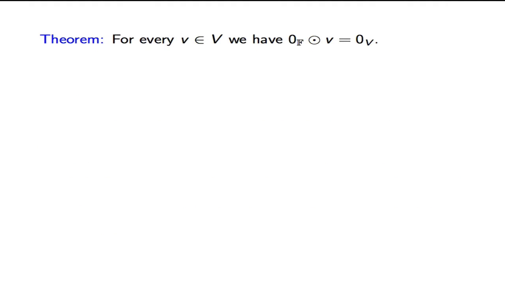Our next result says that for every element v of the vector space, 0 times v is equal to 0. But we need to be a little bit more careful. The first 0 appearing is a scalar, so it's the 0 of the field, and this 0 here is the 0 of the vector space. So we've been more explicit in order to distinguish between the 0 of the field and the 0 of the vector space.